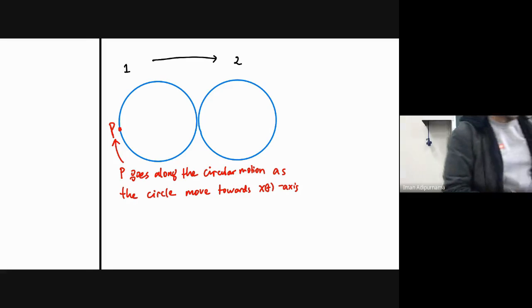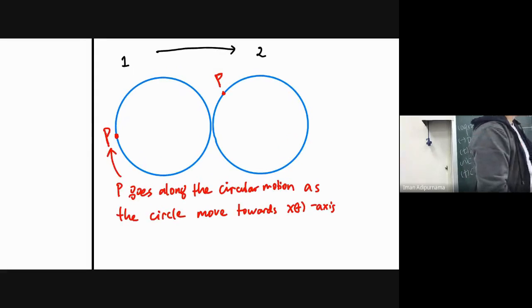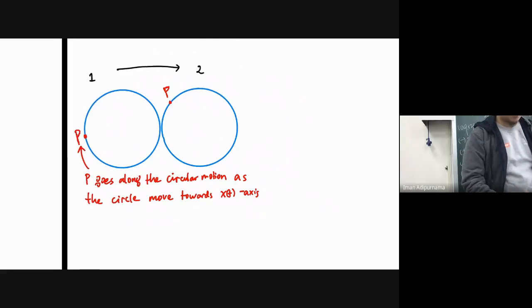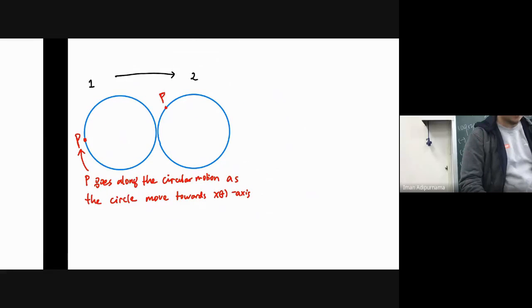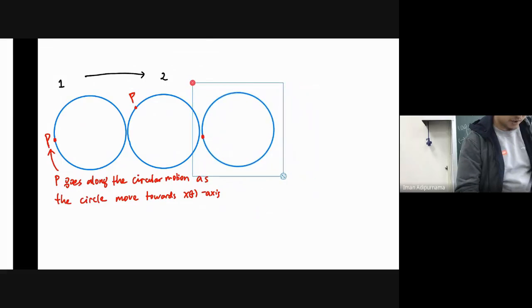Moving the P. Imagine you are moving your P and maybe around here. Yeah, a little bit of imagination. Maybe the P around there. And make another circle if you want. Here, maybe here.